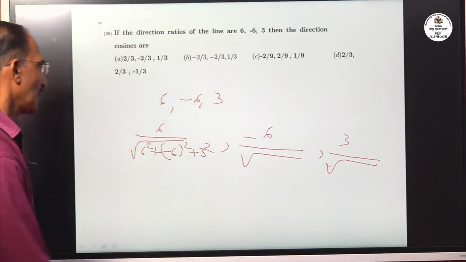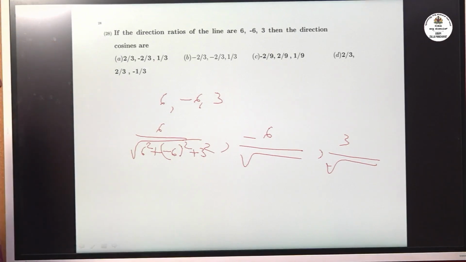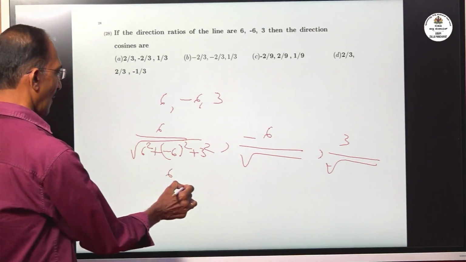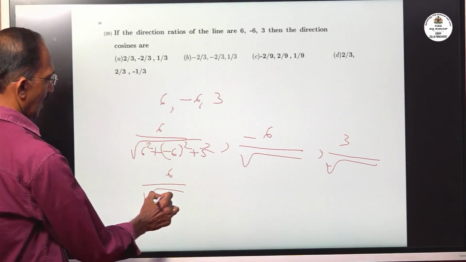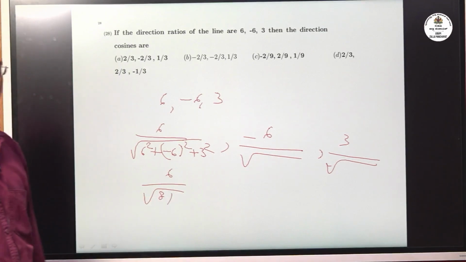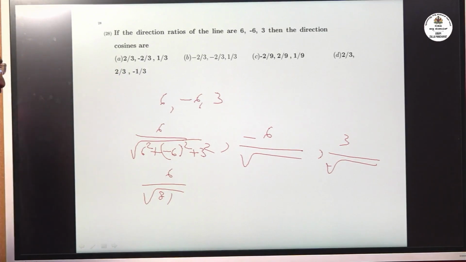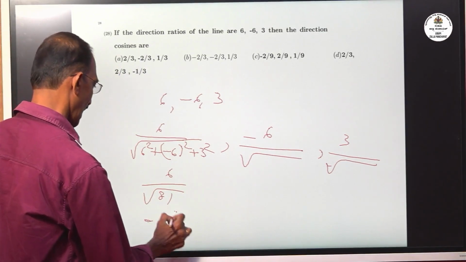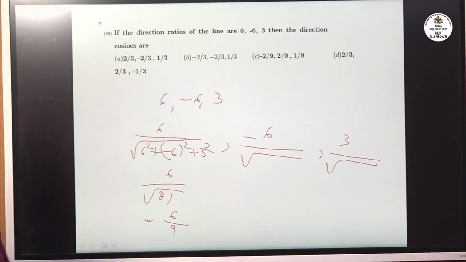So 6 square is 36, plus 36 is 72, plus 9 comes to 81. So 6 by root of 81, which is 6 by 9, and 6 by 9 is nothing but 2 by 3.